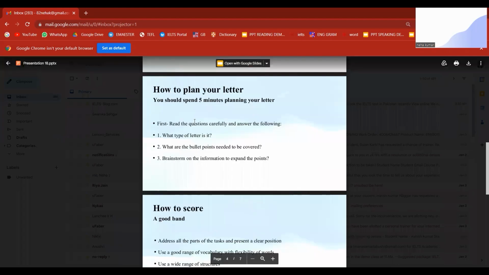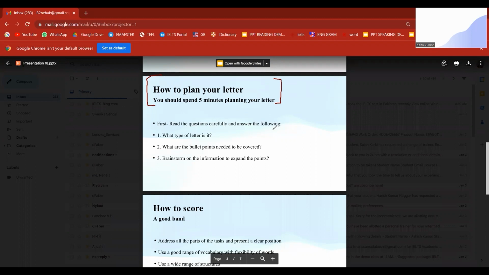Another thing that we should know is how important it is to plan your letter. Letter planning is a very important step in writing a letter. If you don't plan your letter, you will end up scribbling a lot of things, because there are bullet points that you need to cover. You will not be sure of how to structure them. So always spend 5 minutes in planning your letter. While planning, you should first read the question carefully.